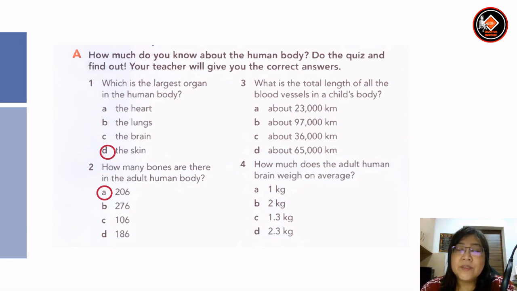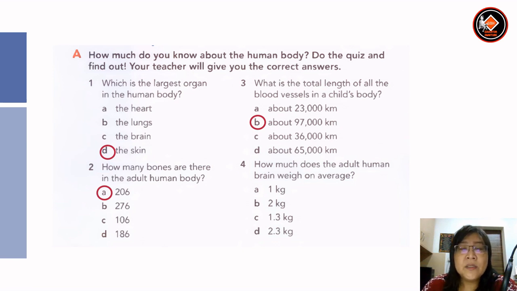About 23,000 kilometers, about 97,000 kilometers, about 36,000 kilometers, and the last one about 65,000 kilometers. So what is the length of all the blood vessels in a child's body? So the answer is B, about 97,000 kilometers.